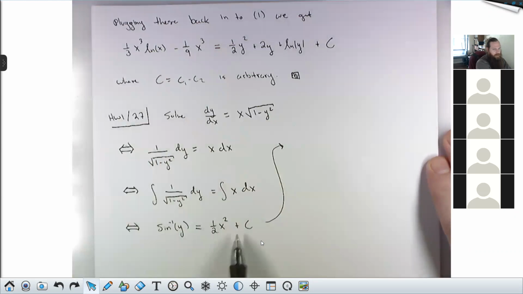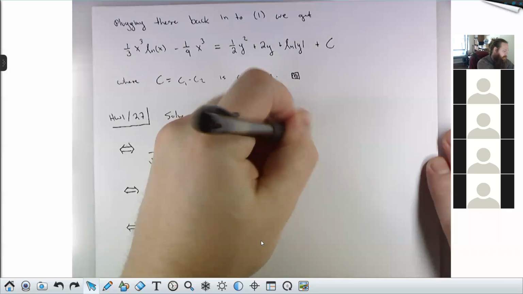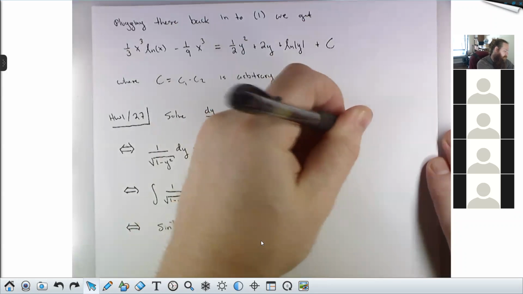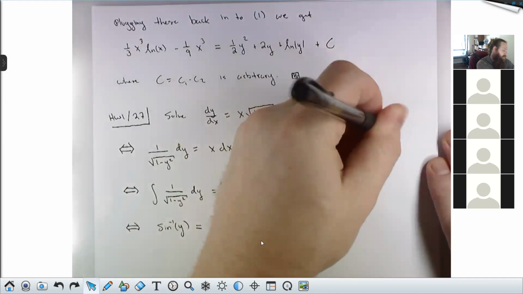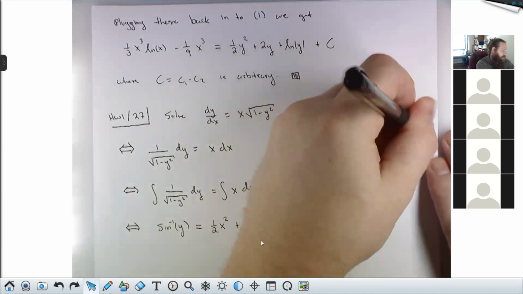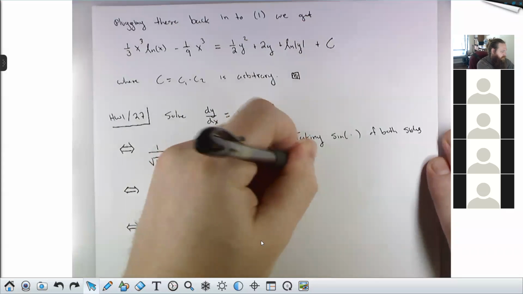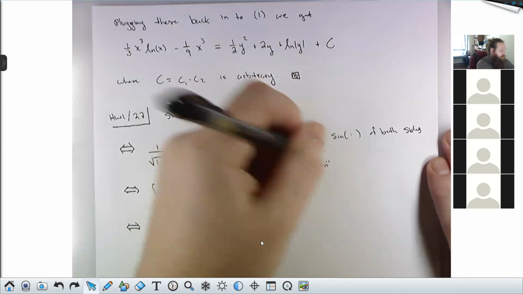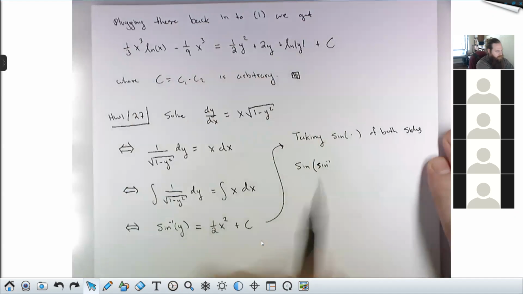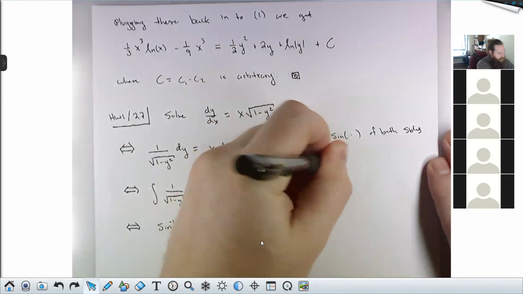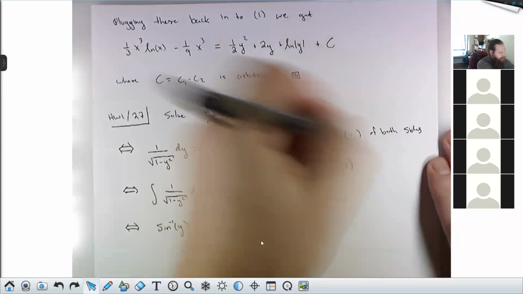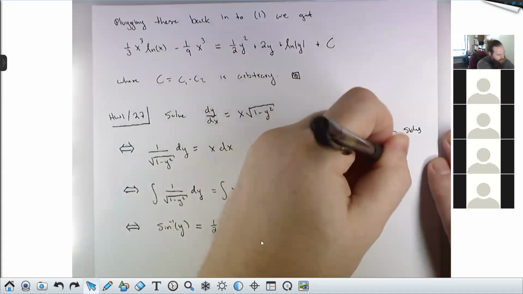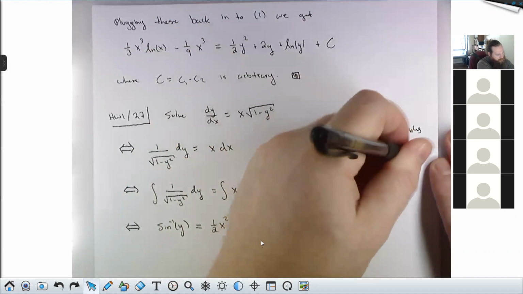So taking the sine of both sides, I'll get the sine of the inverse sine. Remember, inverse sine here, this is functional inverse, not reciprocal. Sine of inverse sine of y is equal to the sine of 1/2 x squared plus c.